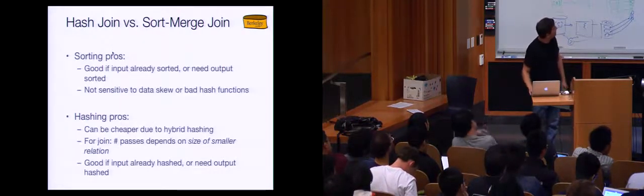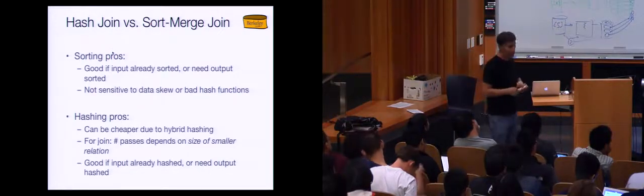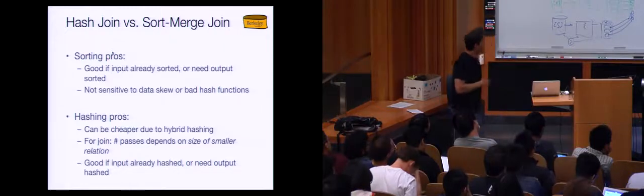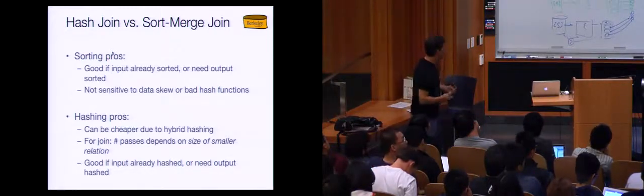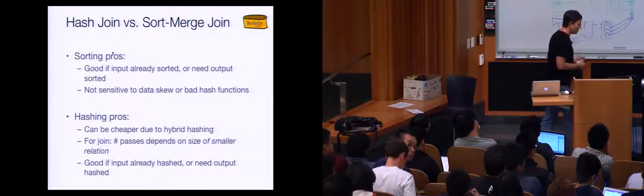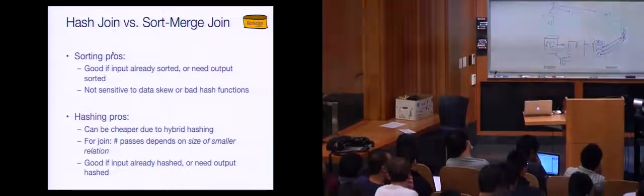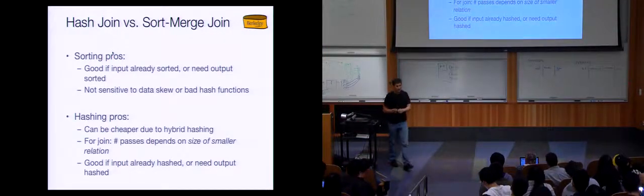All right. Which is better than which? Well, sorting is good if your input's already sorted, or if you need the output sorted. All right? And as we know from sorting, it's not sensitive to data skew, bad hash functions, all that kind of stuff. Hashing, you got this hybrid hashing trick. So with sorting, well, more to the point, though, let's stick to the second thing. With sorting, you have to sort both tables.